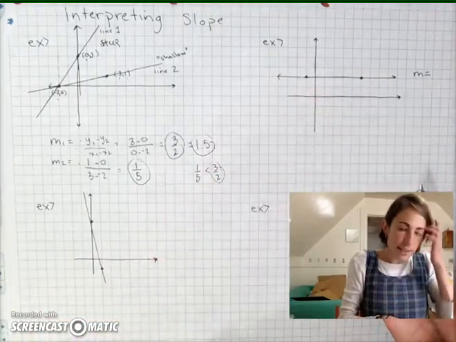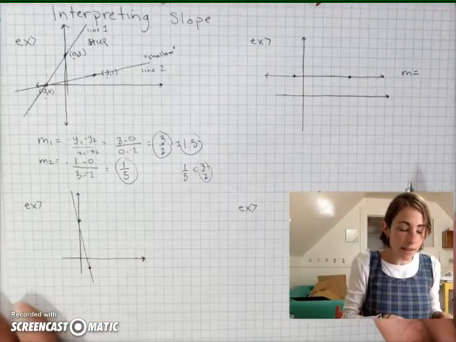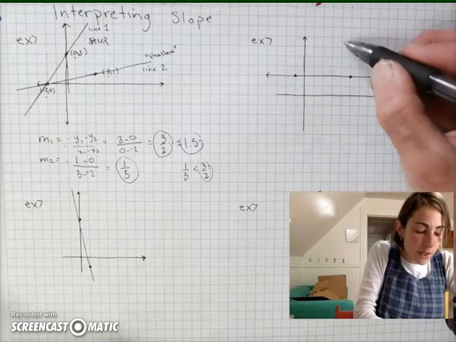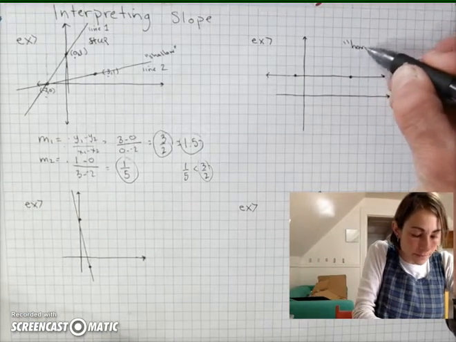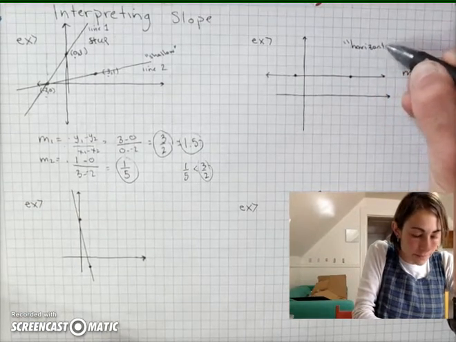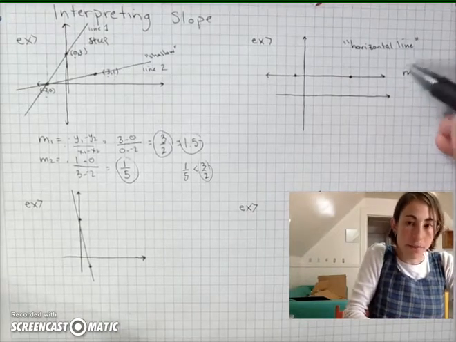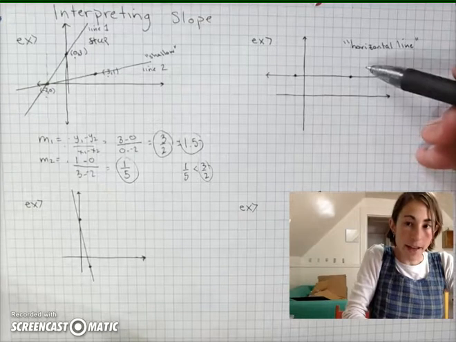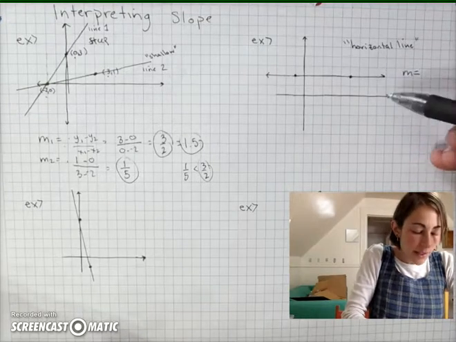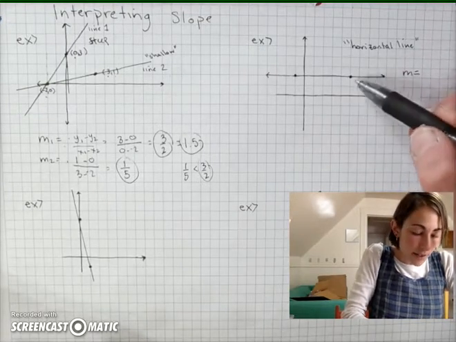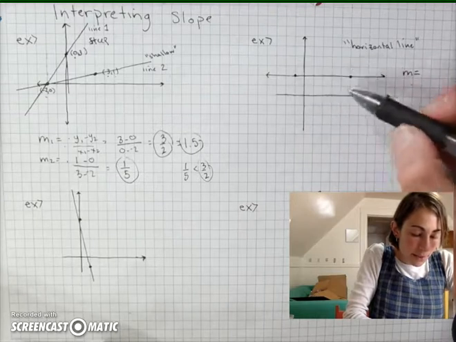Let's look at this next example. We saw one like this in the last video. This is called a horizontal line. How can we determine from the slope whether or not a line is horizontal? That's what we're trying to answer here. So let's compute the slope of this line.